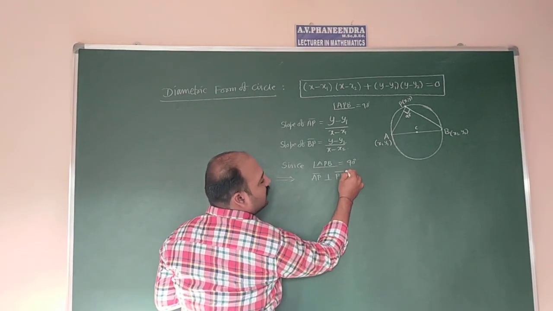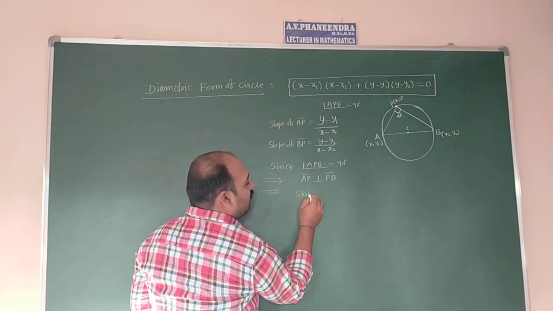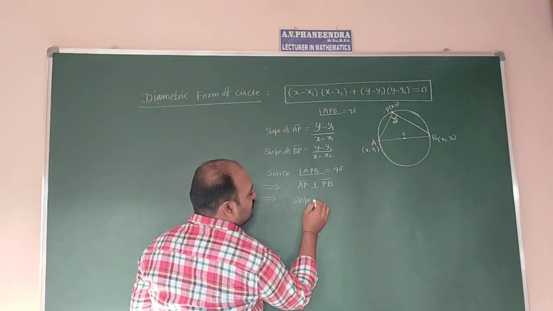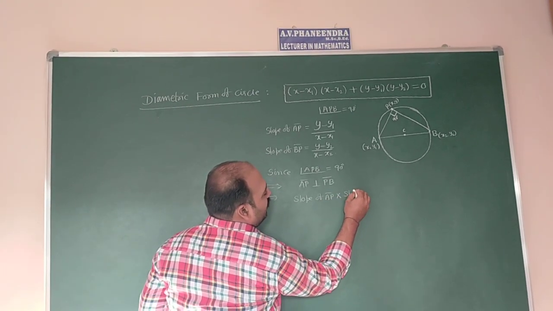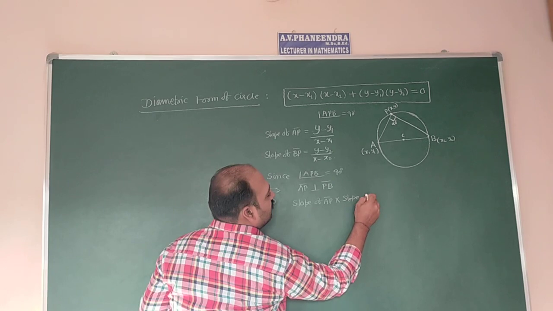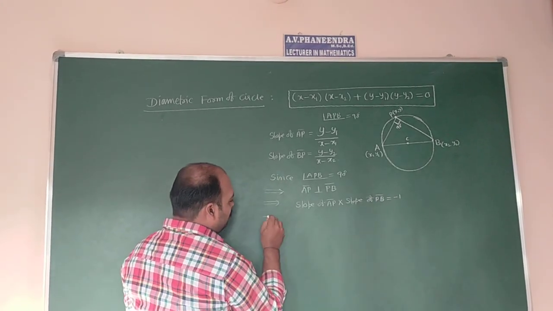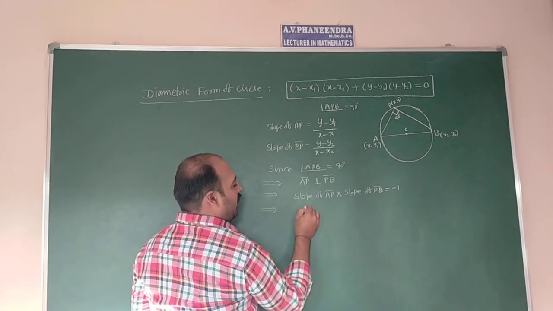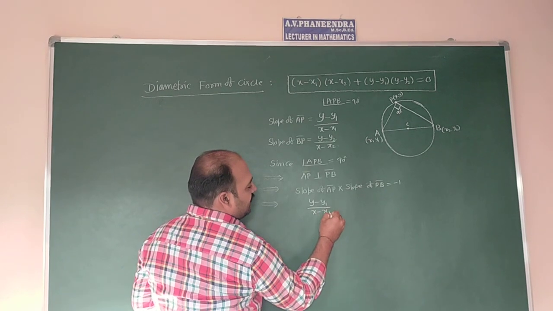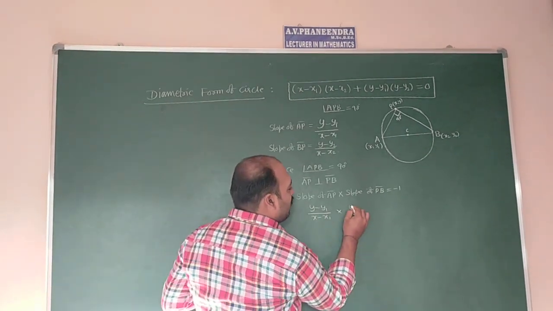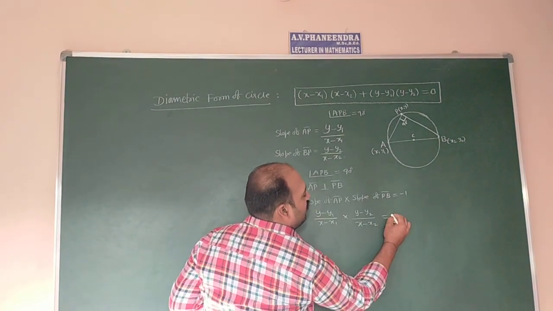Whenever two lines are perpendicular, the product of the two slopes, that means slope of AP into slope of PB, is equal to minus 1. So y minus y1 divided by x minus x1 into y minus y2 divided by x minus x2 equal to minus 1.